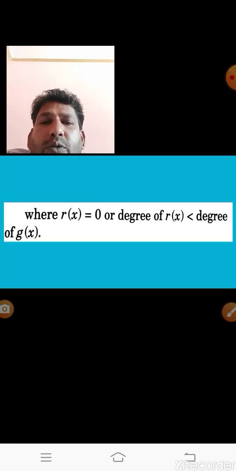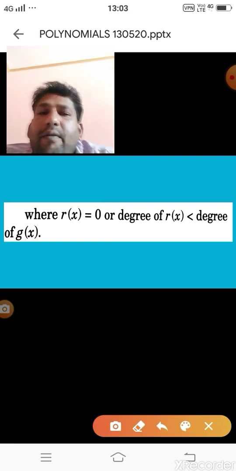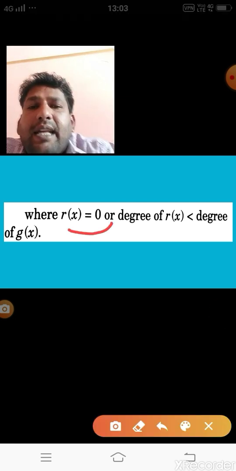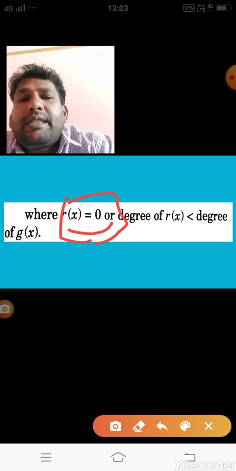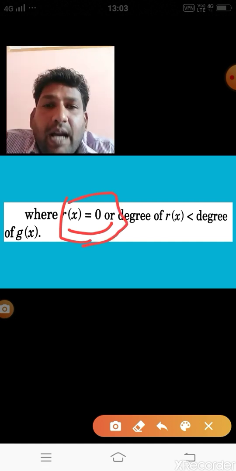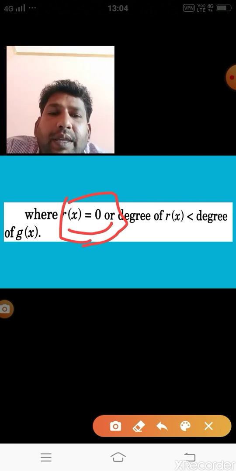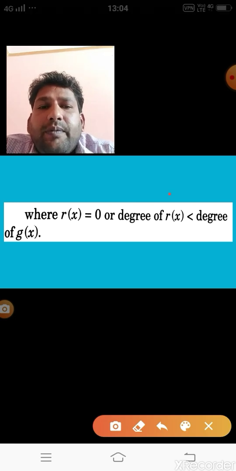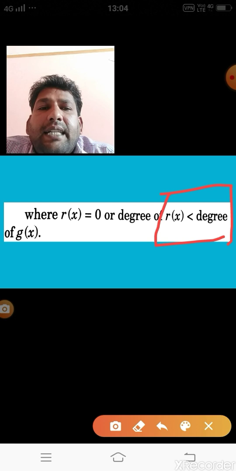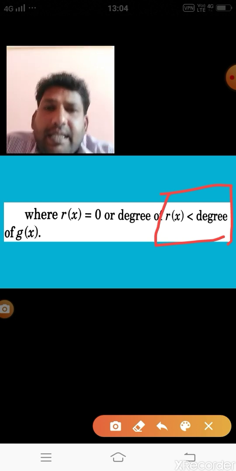Up to when do we have to do the division? Until we get the remainder as 0. This one is important and you should know this. Up to when are we dividing a polynomial: until we get 0 or the degree of the remainder is less than the degree of the divisor.